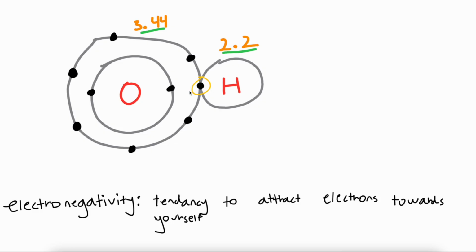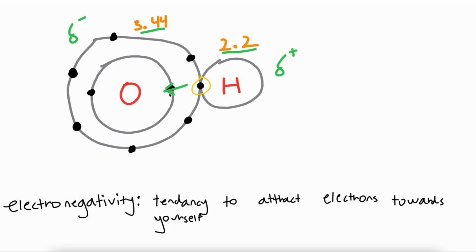Because oxygen has the partial negative charge, we assign it a lowercase delta negative. Because hydrogen has the partial positive charge, we assign it a lowercase delta positive. Again, to repeat, electrons are negative. And so because the oxygen has a higher electronegativity, it will pull more of the electron towards itself.